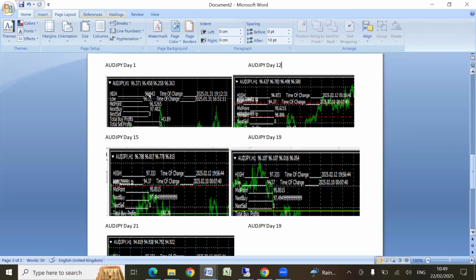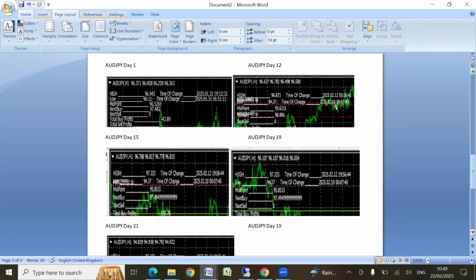So if not for this, this would have still been 96.943 here, and it would have still been the same data, 31st, okay? But meanwhile, the low price had moved from 96.11 to 94.37 on the 10th of February.